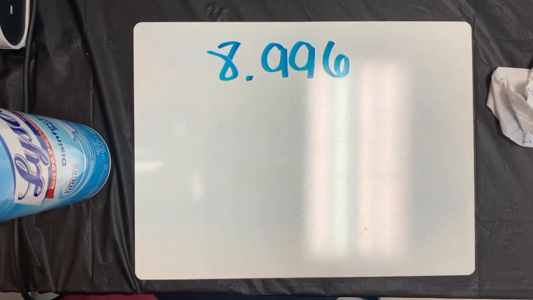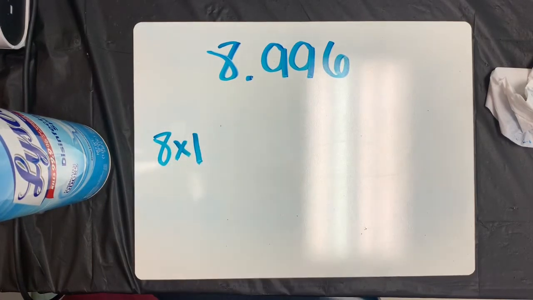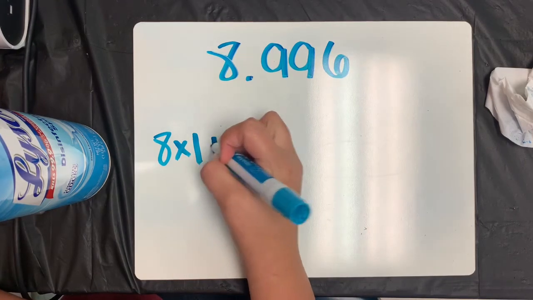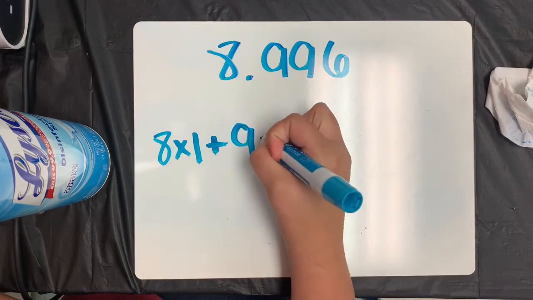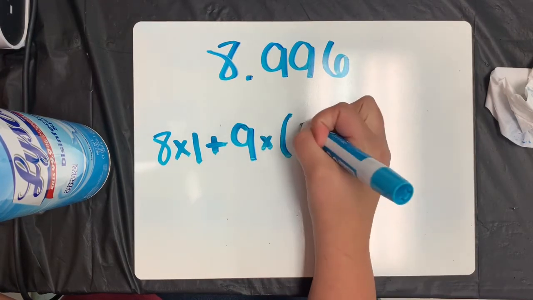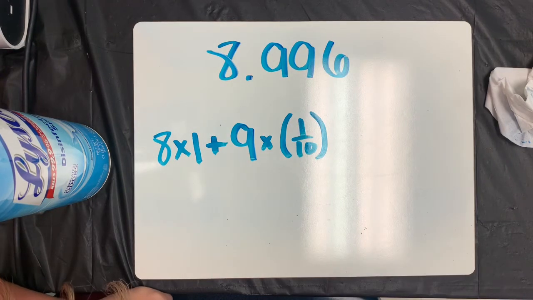Let's go over the expanded form of one more number. As you can see, there is an 8 in the ones place. So to do expanded form, I would do 8 times 1 because there is an 8 in the ones place. Add 9 times 1/10th because there is a 9 in the tenths place.